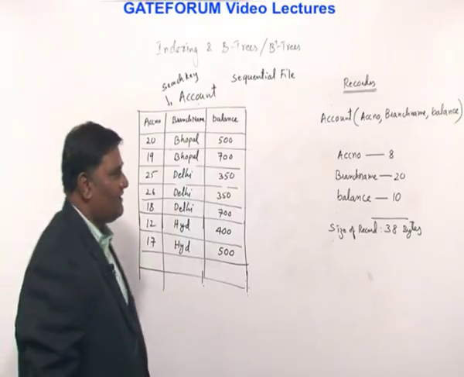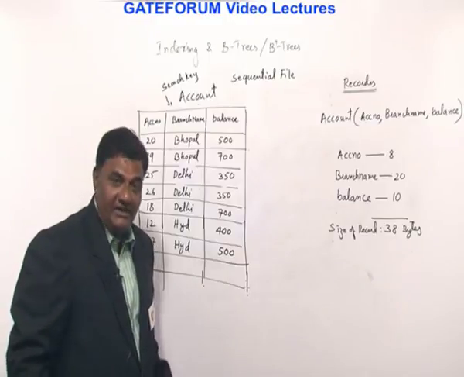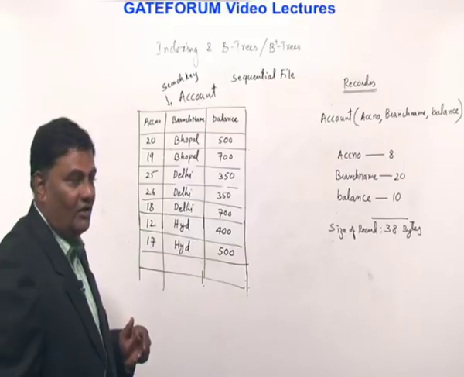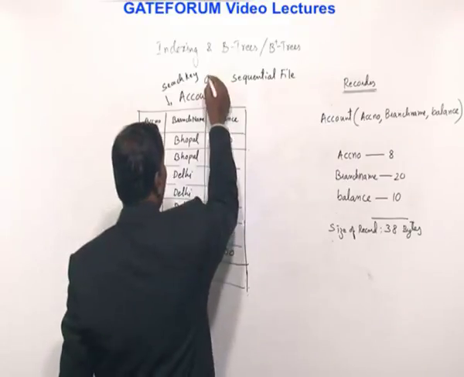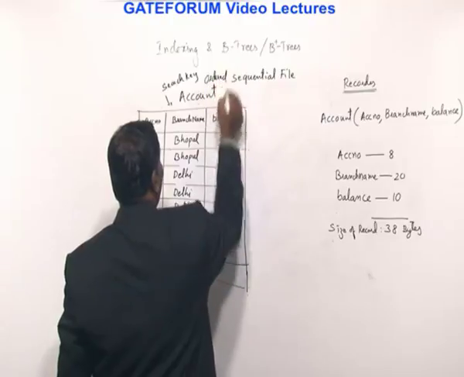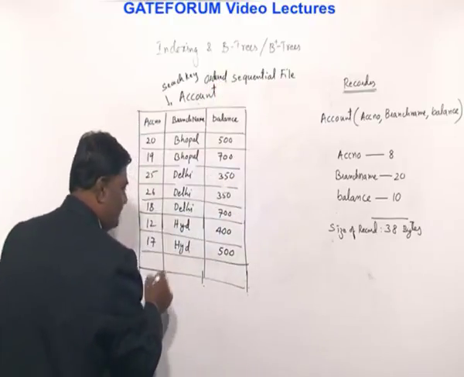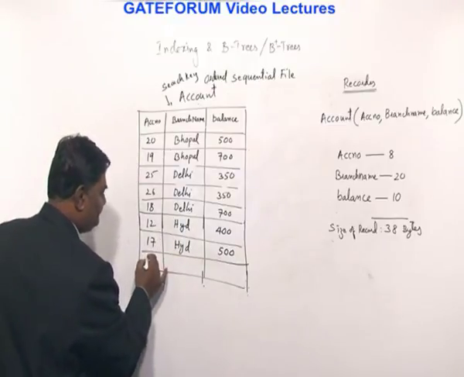So when the records are arranged in sorted order based upon some search key, then we say it is a sequential file or ordered sequential file.